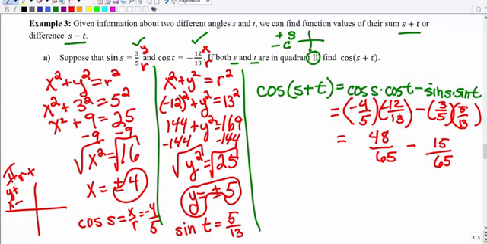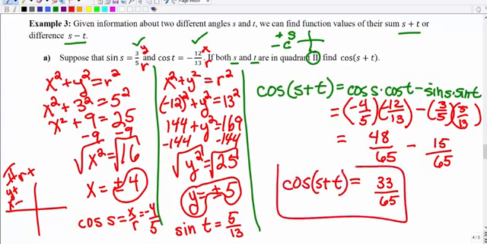I recommend that you do not reduce so that the denominators will stay the same when we do the subtraction. 48 minus 15, since we have the same denominator, we can keep the same denominator and subtract the numerators across. So cosine of the sum of those two different angles is positive 33 over 65.